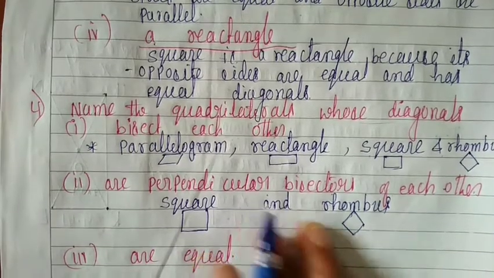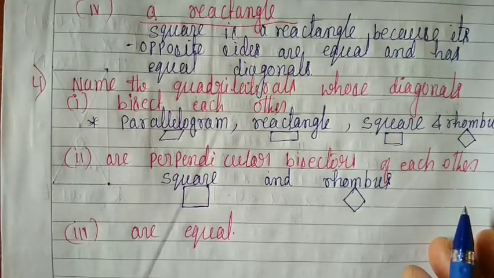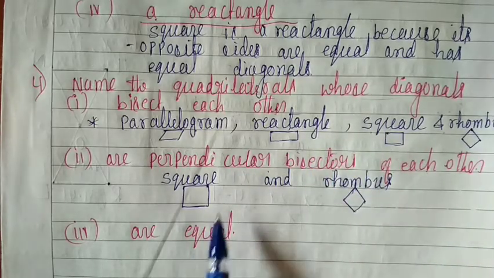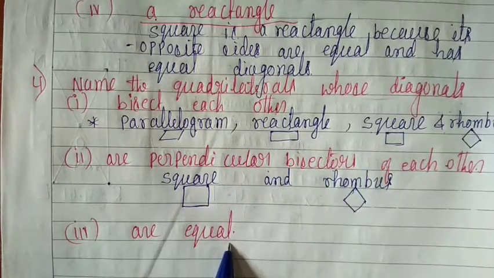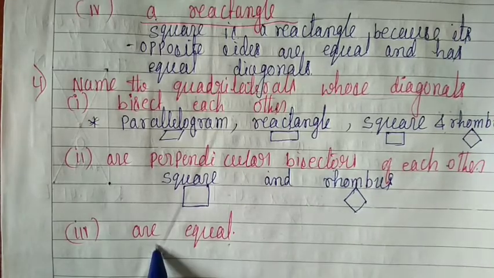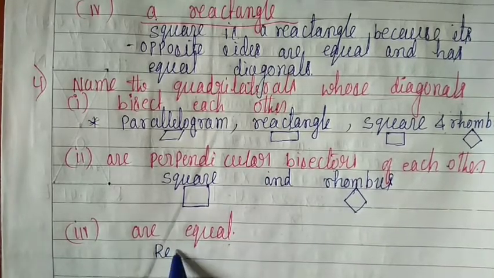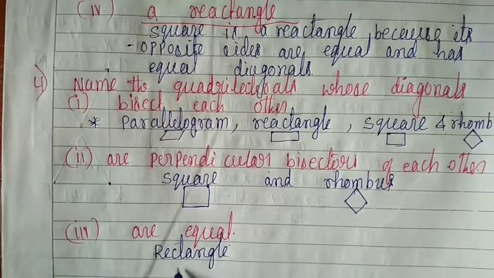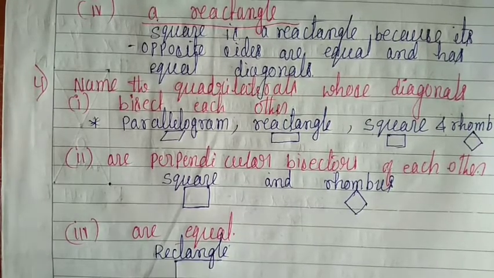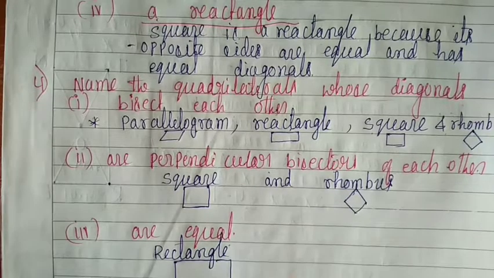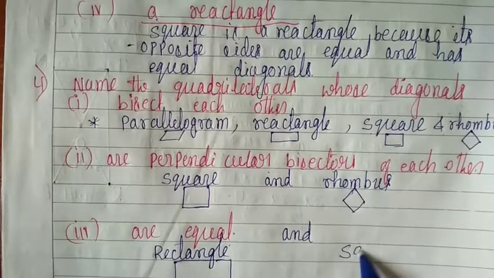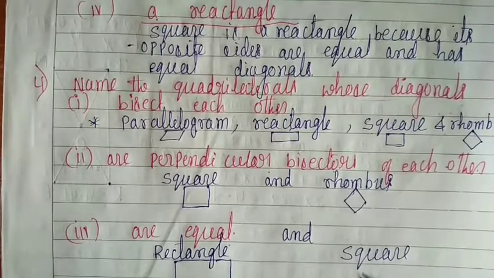The next question, are equal, means the diagonals are equal. First one is rectangle. And square.